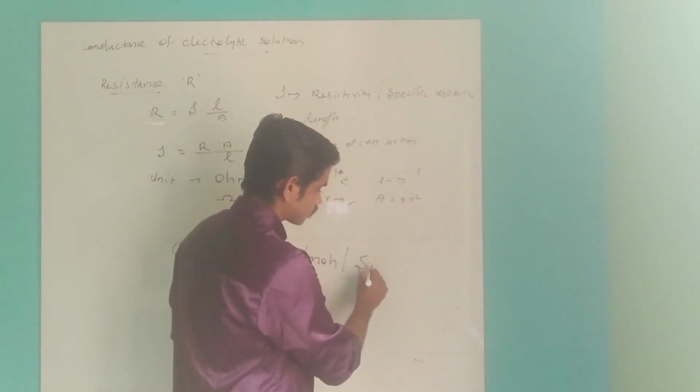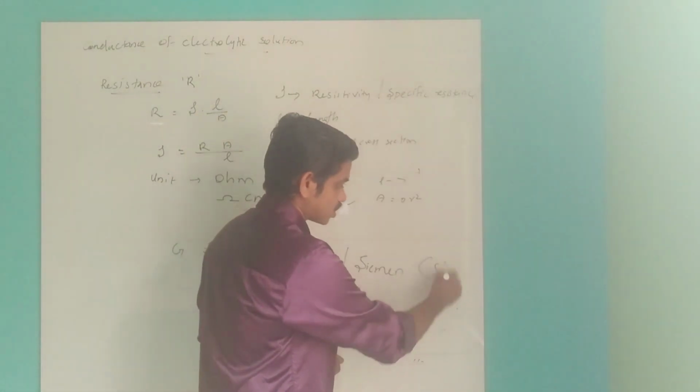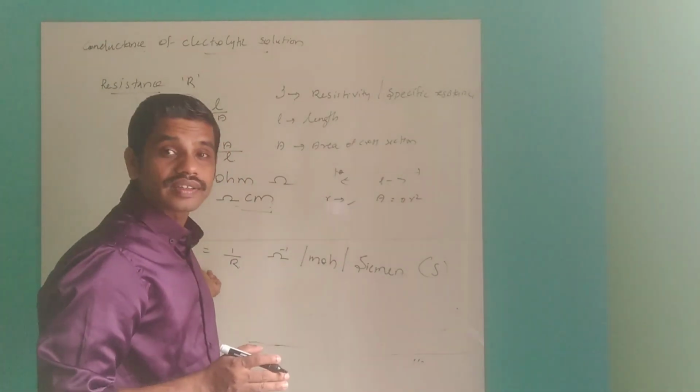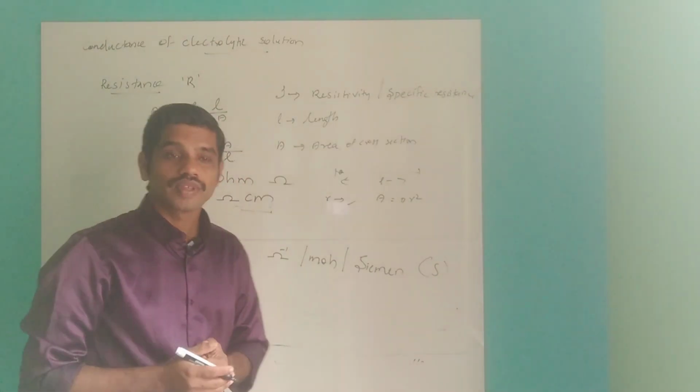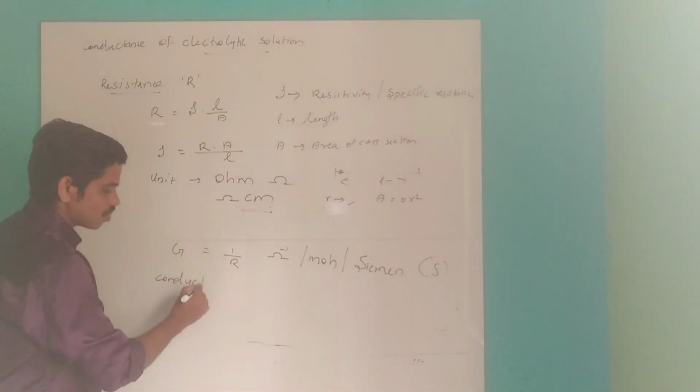This is the SI unit. Siemens is represented by S. This is the unit of conductance.